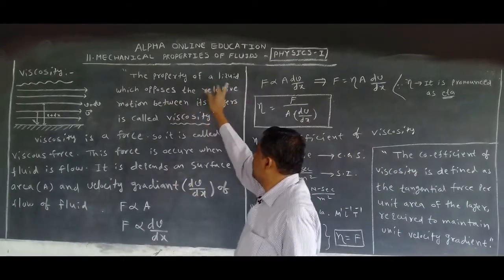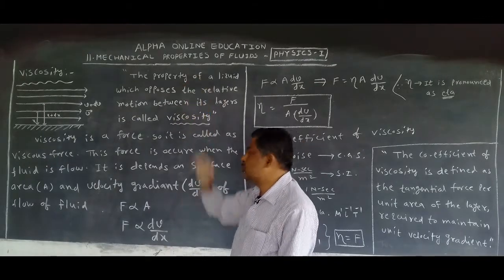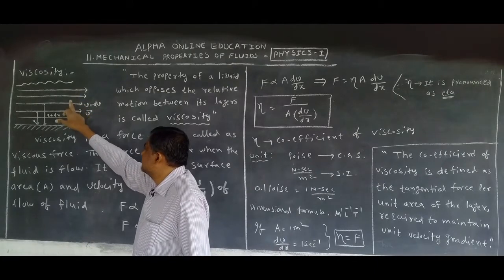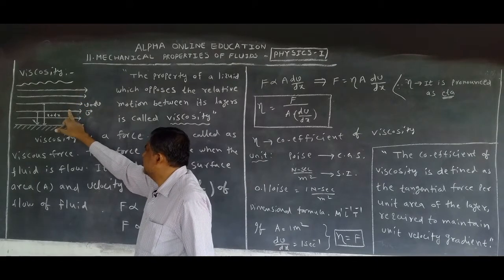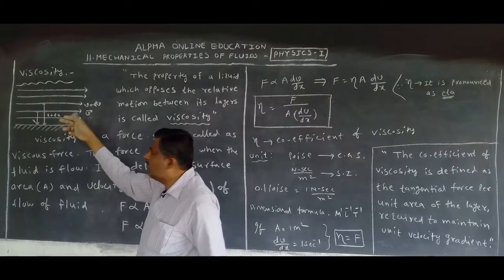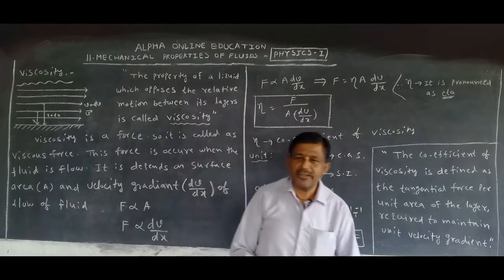It is the property of the liquid that opposes the relative motion. This layer opposes this motion, this layer opposes this motion, and so on. All layers are in motion. When all objects are in motion, it is called relative motion.